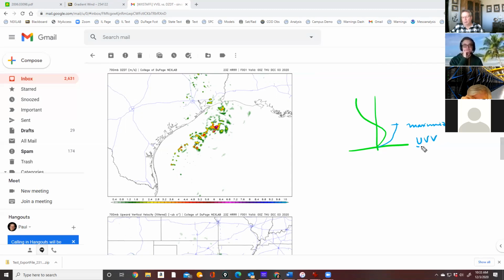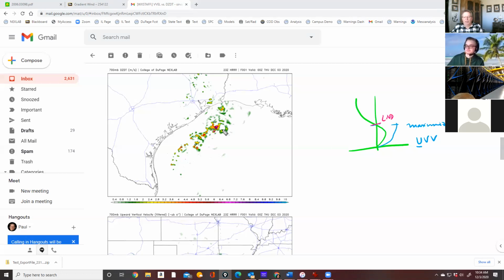In this case, upward vertical velocity. Do you remember where we said the strongest vertical motion is? Is it the LCL? No. What is that? L&D. So is 700 millibars going to be the maximum speed? No, probably not.